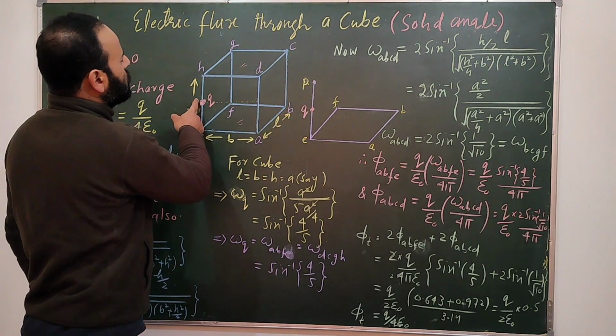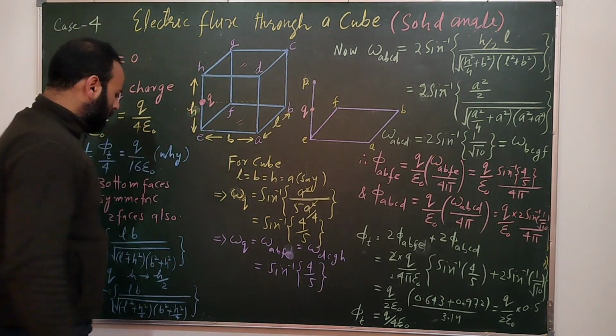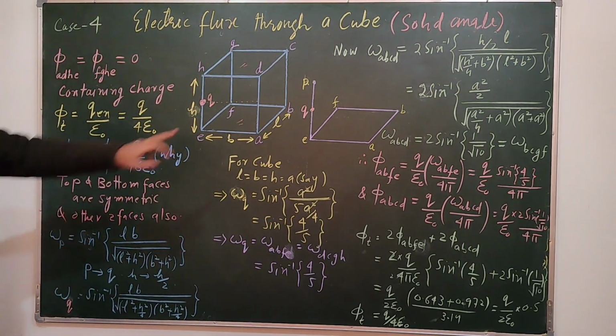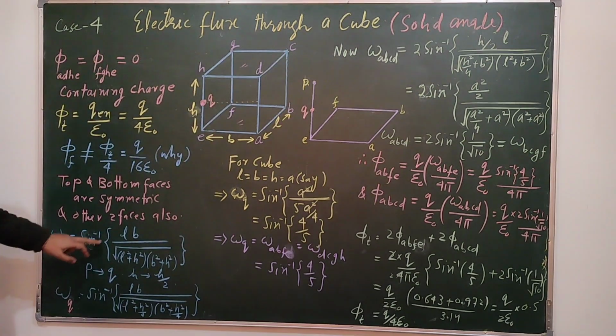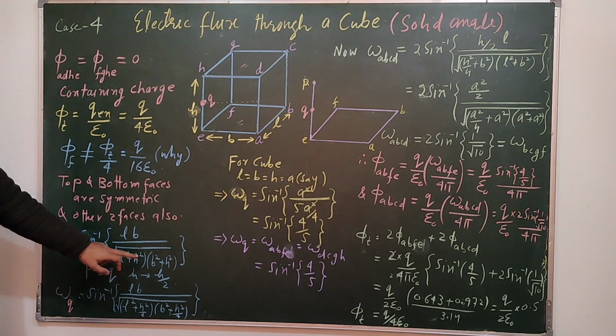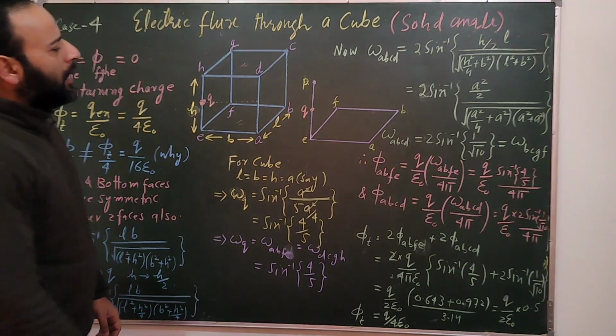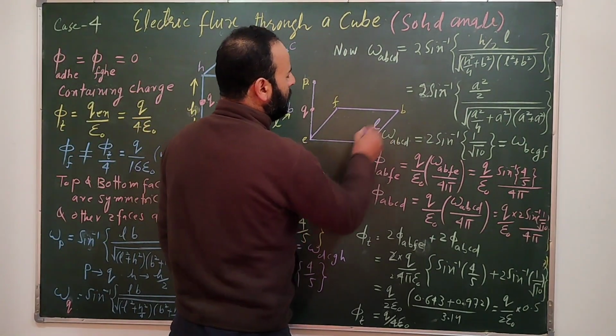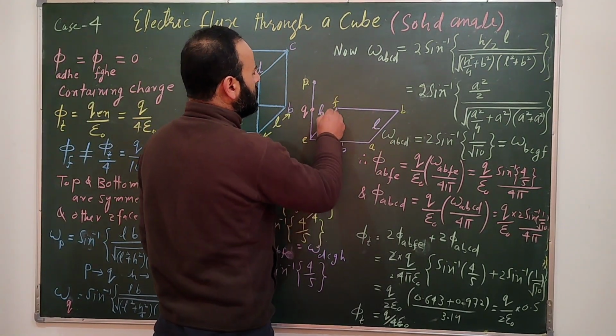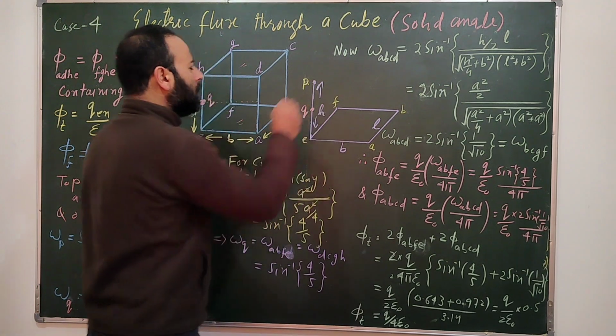Then we can calculate the solid angle subtended at this point. We know the solid angle subtended at point P is equal to sine inverse of LB divided by under root of (L square plus H square)(B square plus H square). So what is LB? L is this, B is this and H is this much, right?